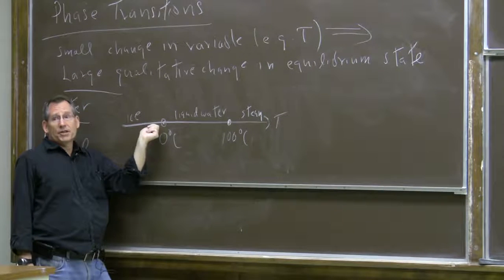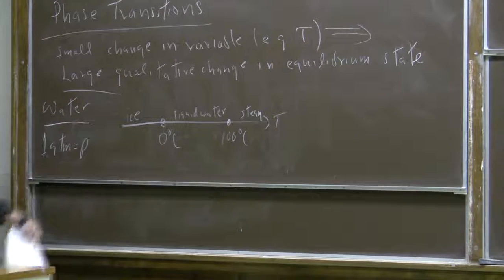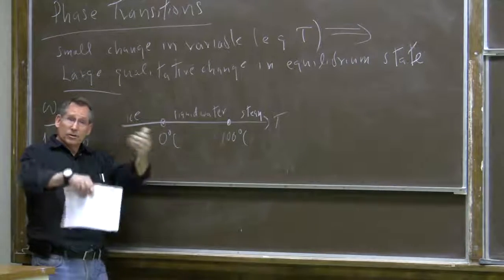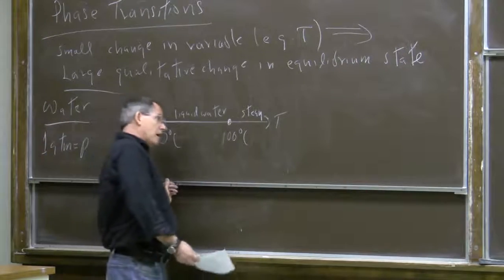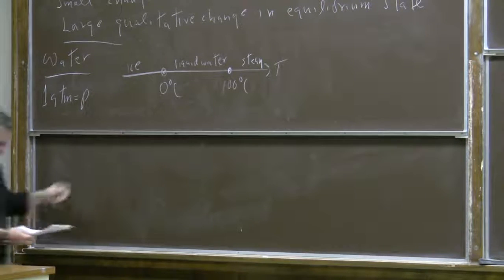Below, ice is a crystal, which has a regular order in the arrangement of the atoms. Above 0 degrees, it's a liquid, where the atoms, or molecules, are tumbling around in random positions.